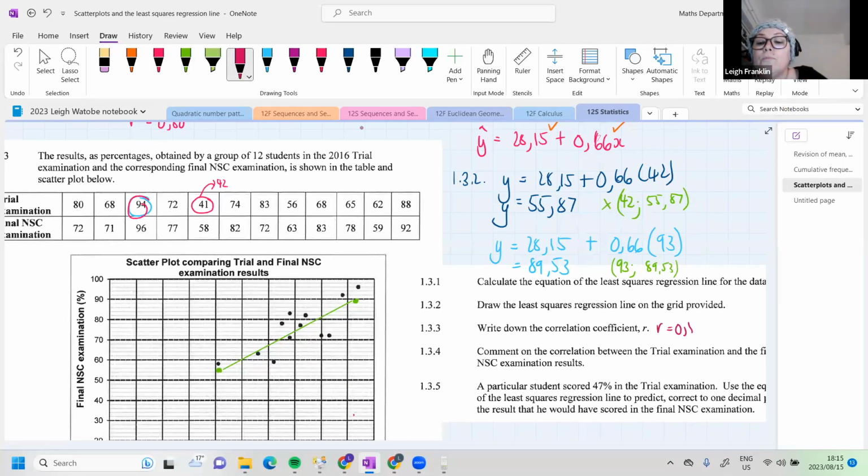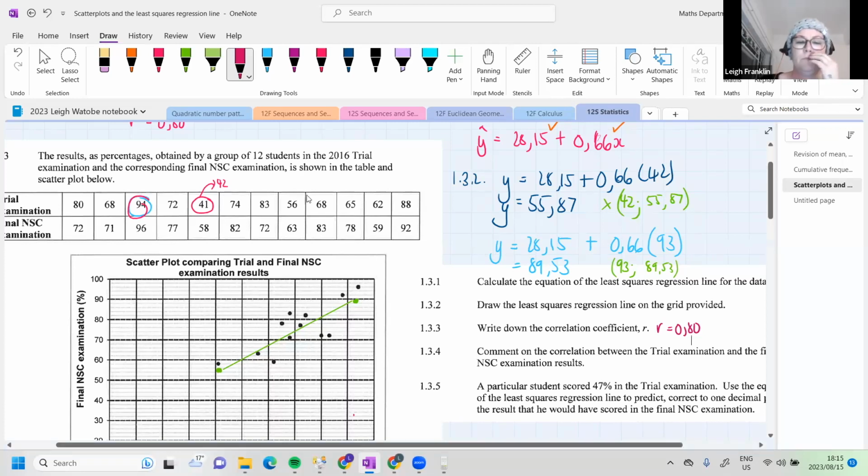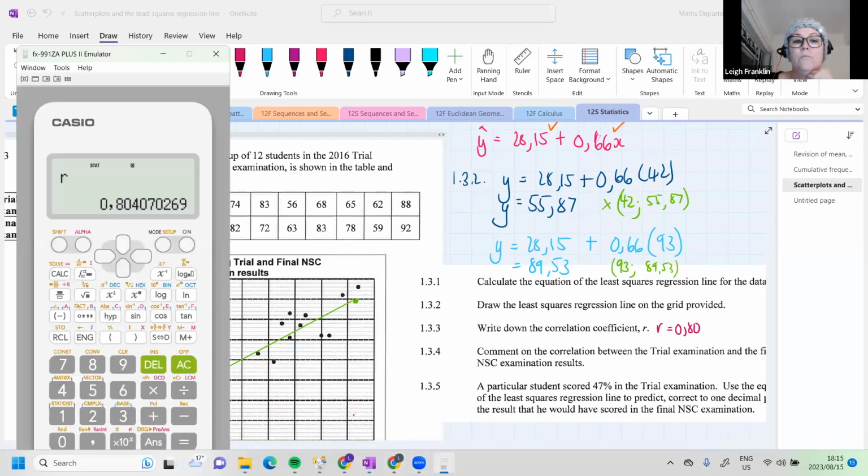Sure. The first one is, when calculating the least squares regression line, can I use, you see on the calculator, that X with the line on top. Press shift, then 1, and then 4.